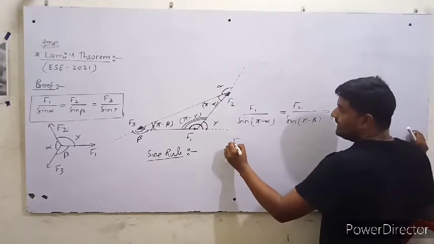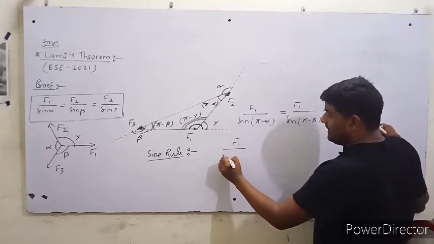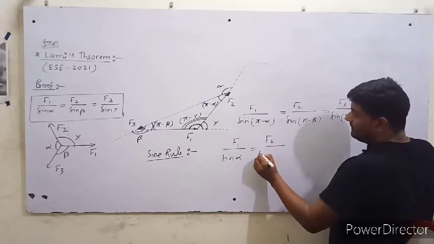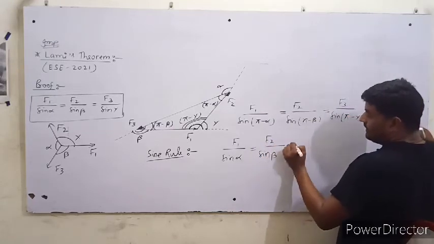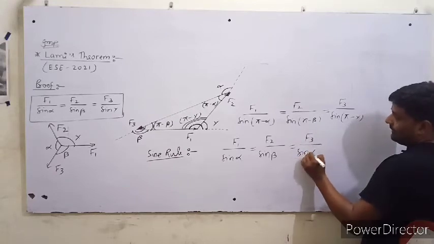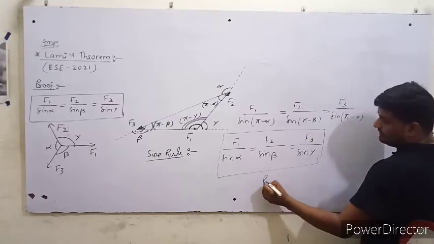Since sine of 180 minus theta equals sine theta, F1 upon sine alpha equals F2 upon sine beta equals F3 upon sine gamma.